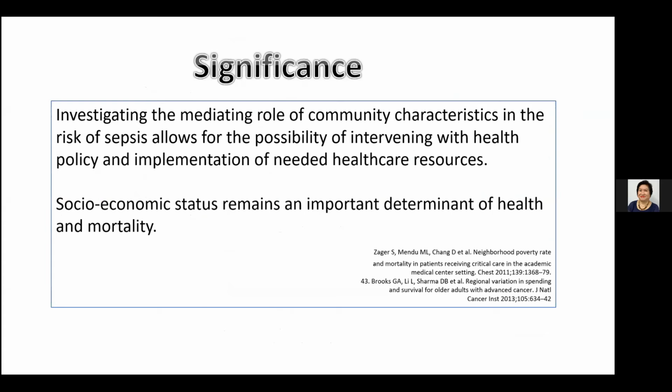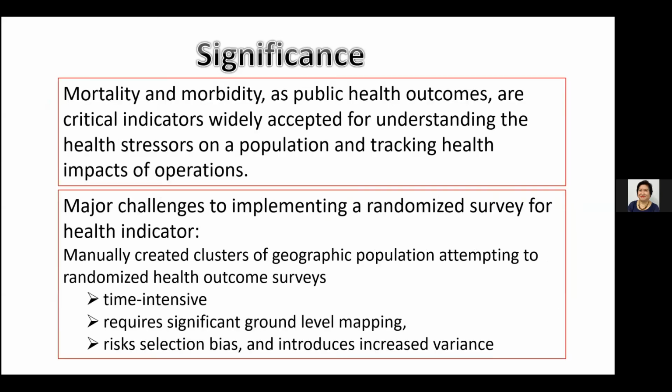Investigating the mediating role of geographic characteristics in the risk of sepsis allows for the possibility of intervening with health policy and implementation of needed healthcare resources, and socioeconomic status remains an important determinant of health and mortality.